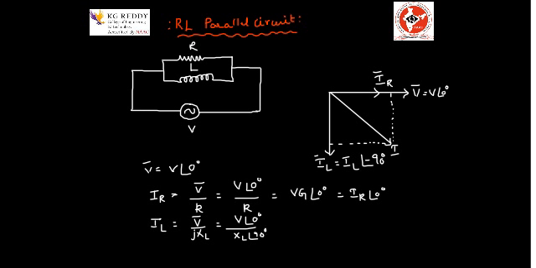Now I can say that 1 by XL I am taking as BL, so this is at an angle minus 90 degrees. This is IL at an angle of minus 90 degrees.